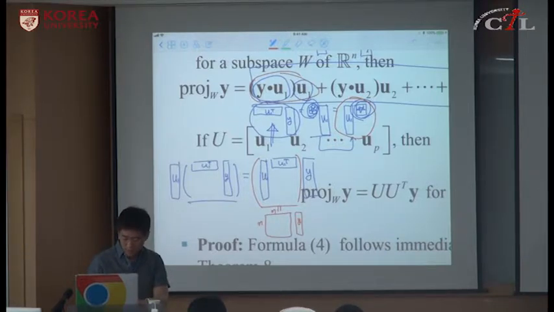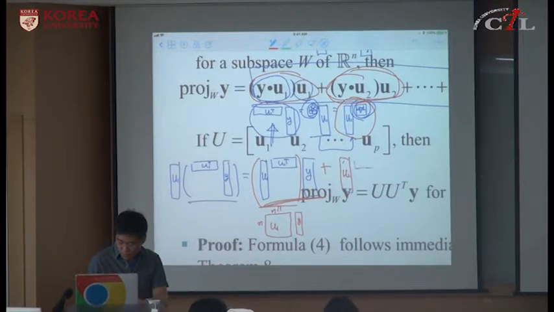So we have this guy, and then we also have this part, right? I'll keep writing this formula by applying this kind of manipulation, and then there's u2 and u2 transpose and y, right?